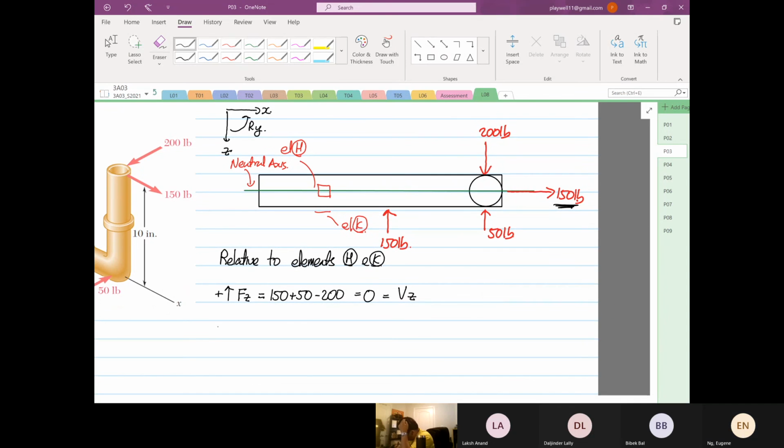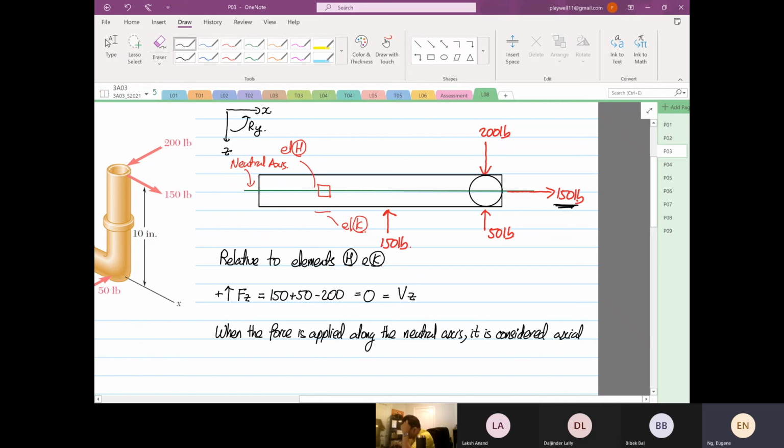When the force is applied along the neutral axis, it is considered axial loading. Now you know that Vz is equal to 0.